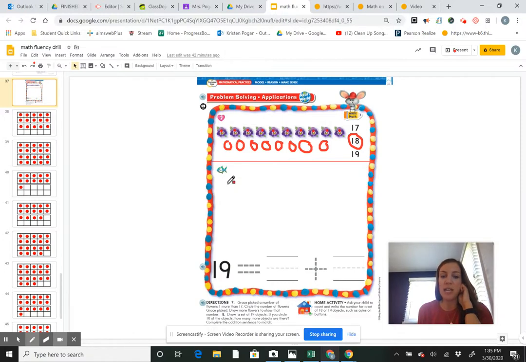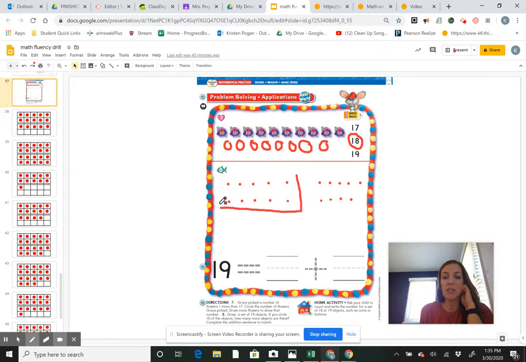We're drawing 19 objects. 1, 2, 3, 4, 5, 6, 7, 8, 9, 10, 11, 12, 13, 14, 15, 16, 17, 18, 19.